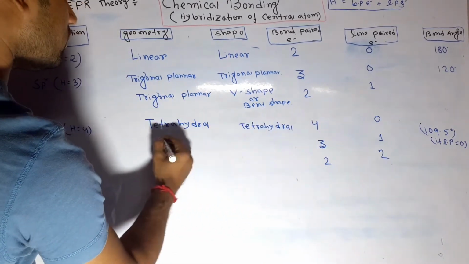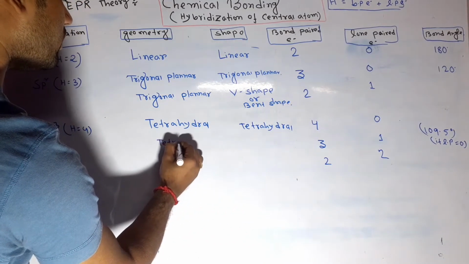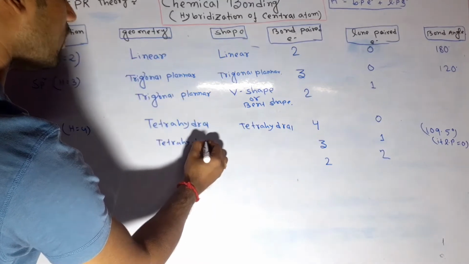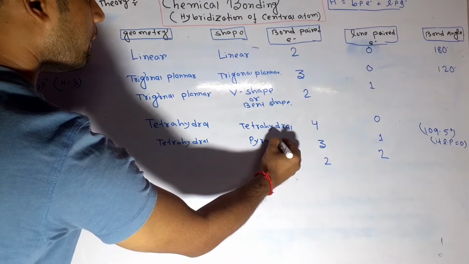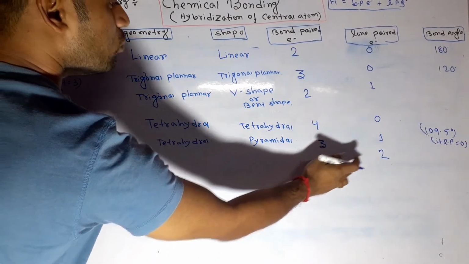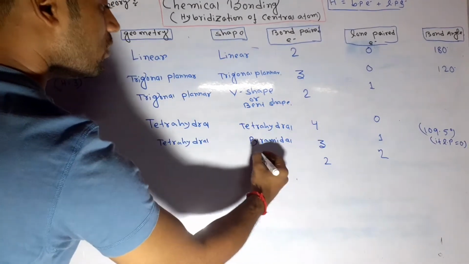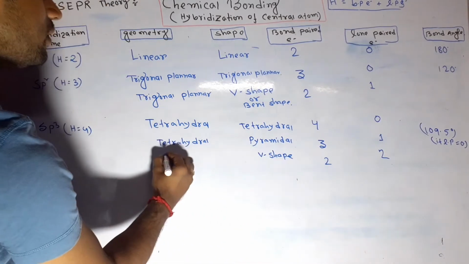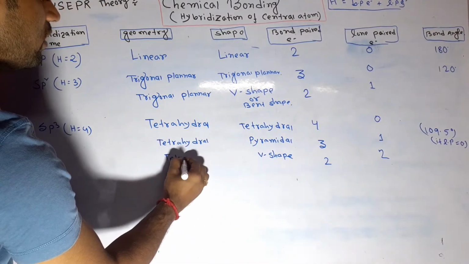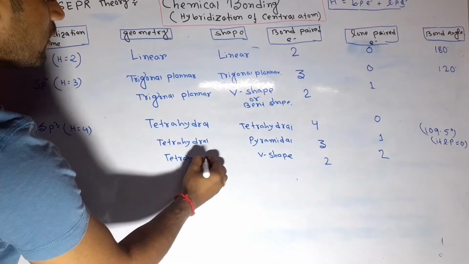For 3-1, what is the geometry? The geometry does not change, it is still tetrahedral, but the shape is pyramidal. For 2-2, bond pair 2 and lone pair 2, the shape is V shape, and the geometry does not change: tetrahedral.